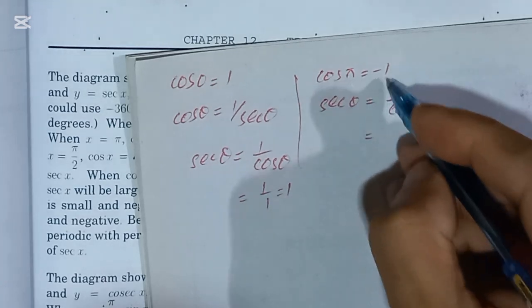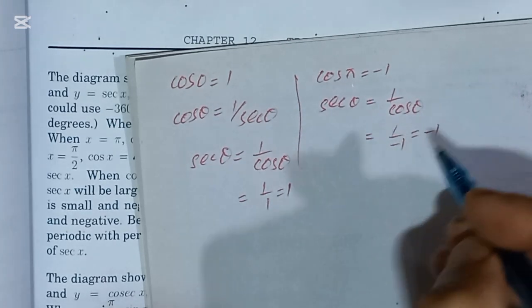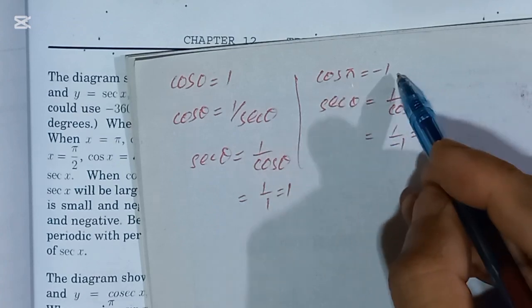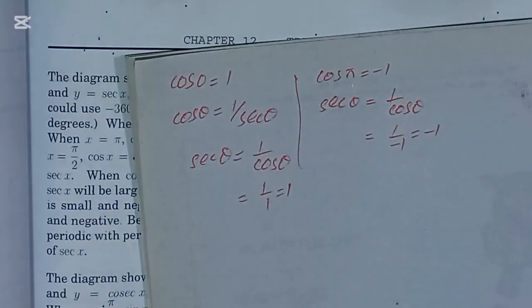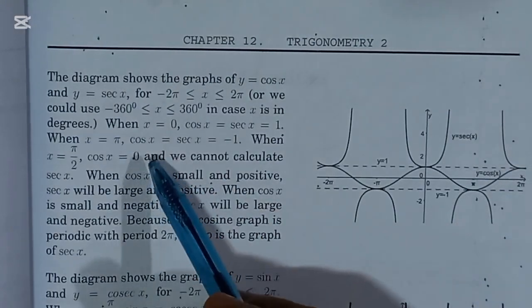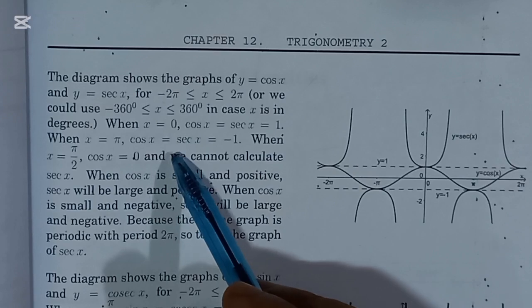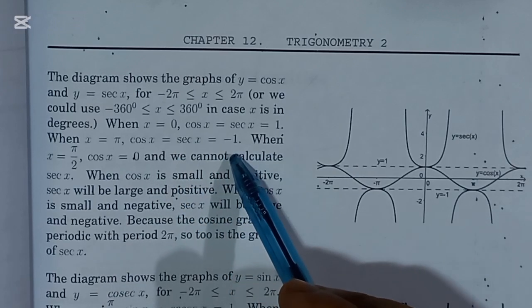Putting the value of cos over here, 1 over minus 1 is minus 1. So if cos pi is minus 1, secant pi will also be minus 1.